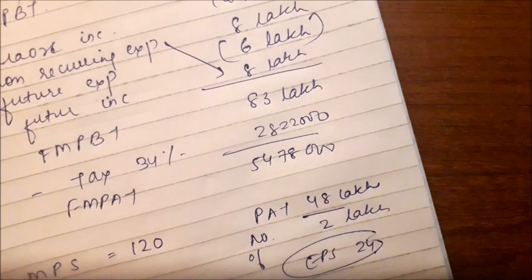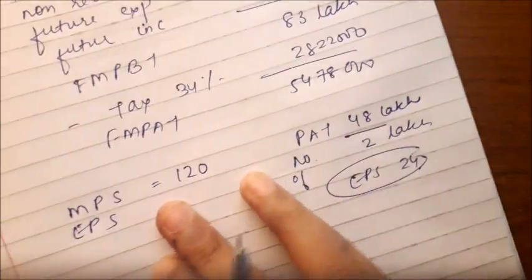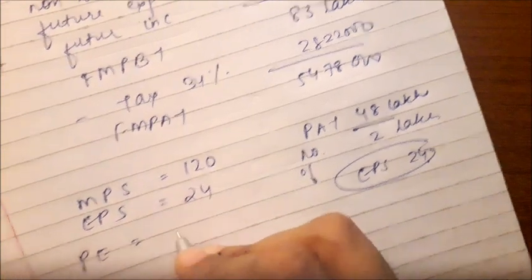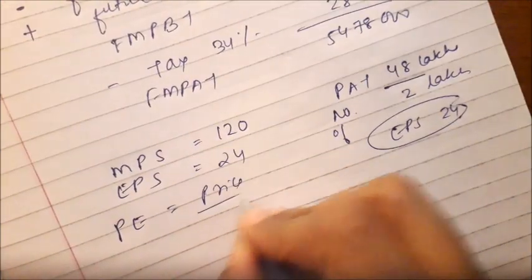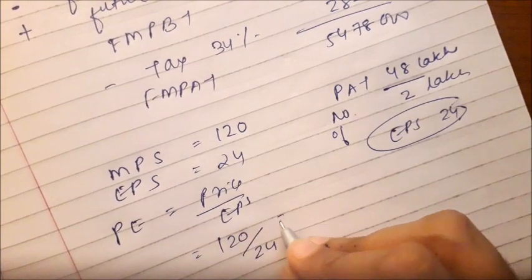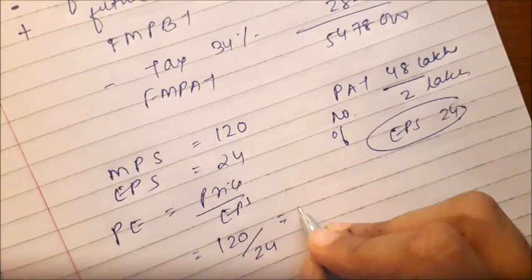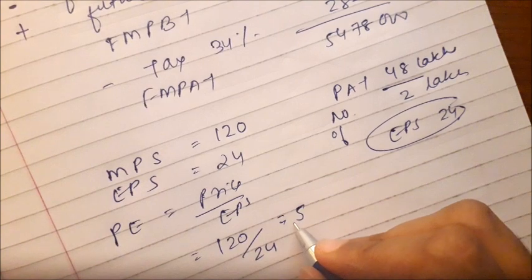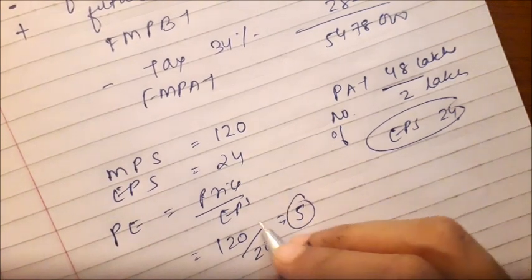If we have market price per share and EPS of 24, we can find the PE ratio. PE is price upon EPS. So 120 divided by 24 is going to give you 5. 24 into 5 is going to give you 120. So the PE ratio is this.